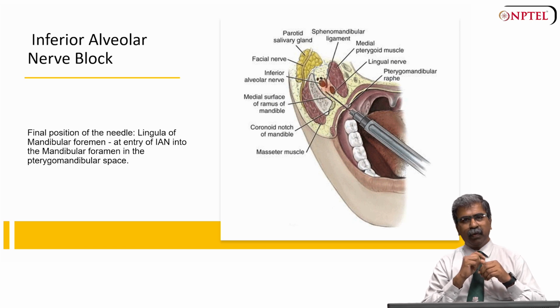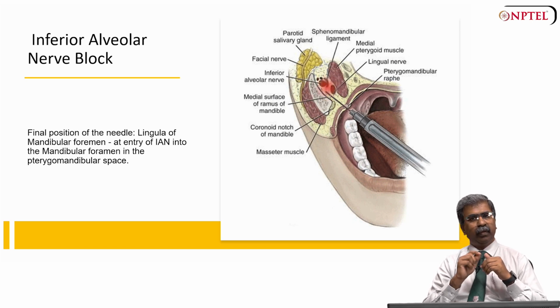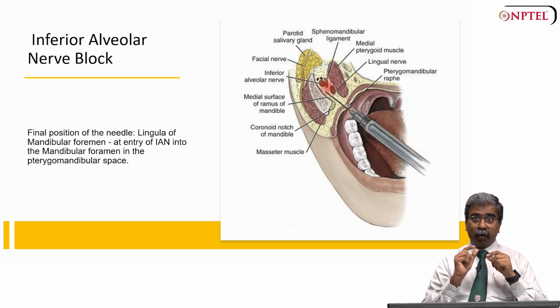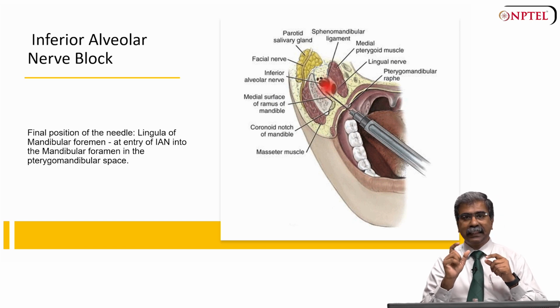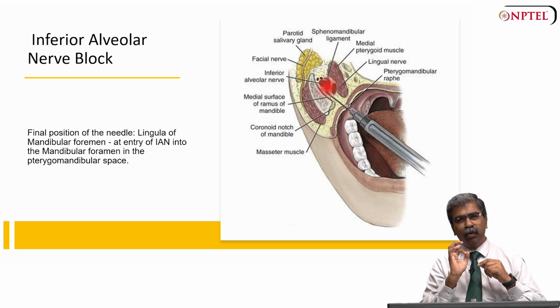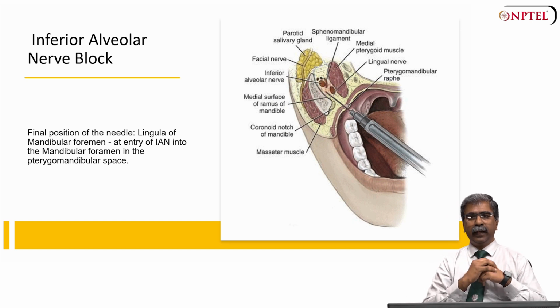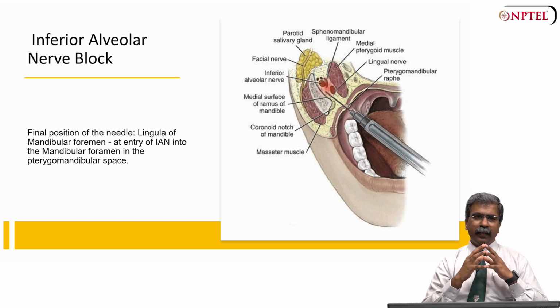And also, what is the volume of solution that you will deposit? 1.2 to 1.5 ml of local anesthetic solution. A point to note is that it should be given over a period of 60 seconds, or 1 minute. A slow rate of injection is of great importance for two reasons.